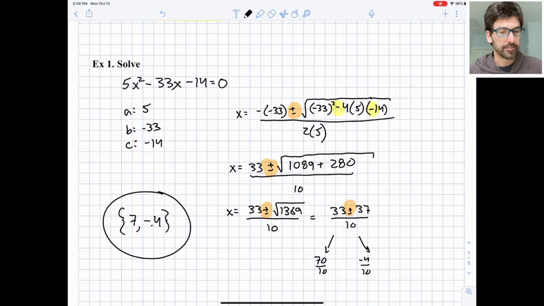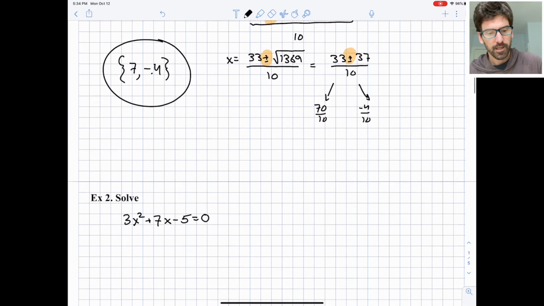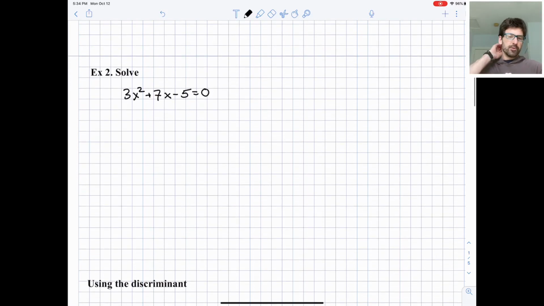Again, that would have been factorable, but the numbers are relatively large and might make a challenging factoring problem. So the quadratic formula will always work in a pinch. Let's do another one: 3x squared plus 7x minus 5 equals 0. We might see something a little different here.